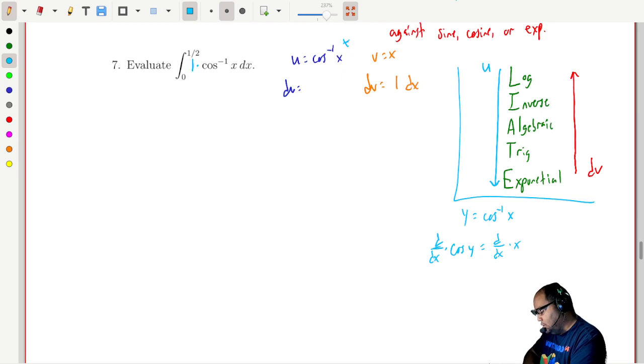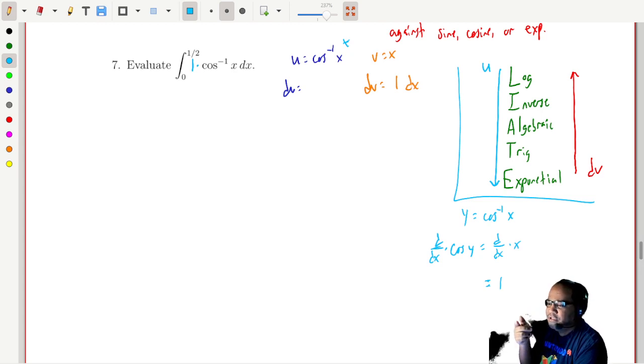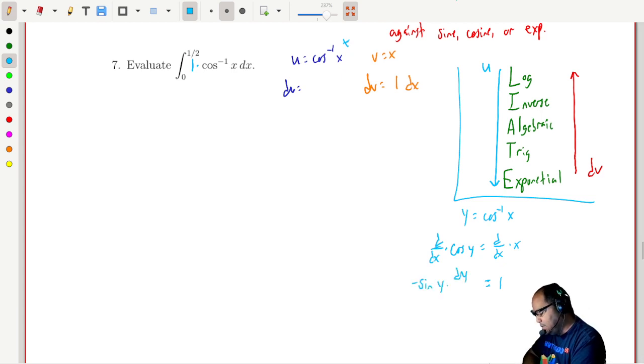Well, on the right, I just have 1. But on the left, you've got to remember, taking the derivative of something that has another function in it, chain rule. Derivative of cosine is negative sine, and then times dy/dx because of the chain rule.